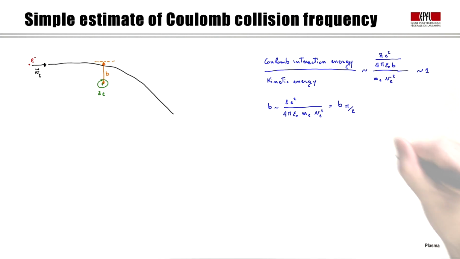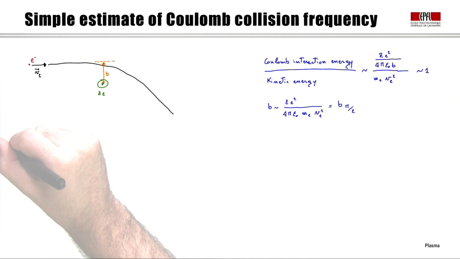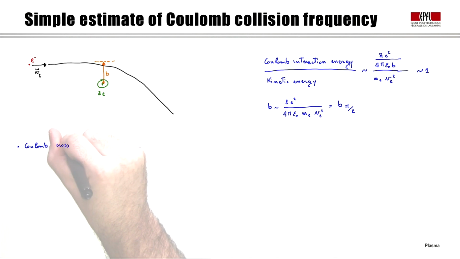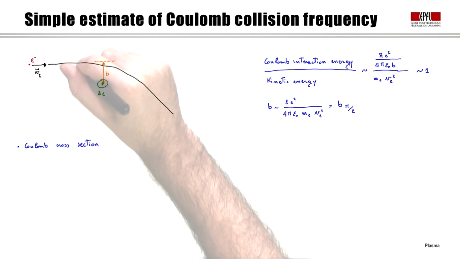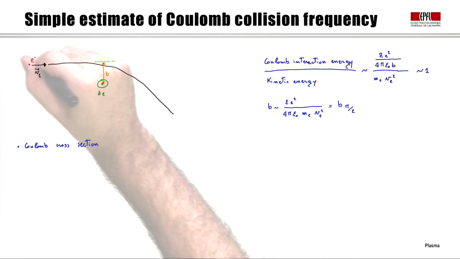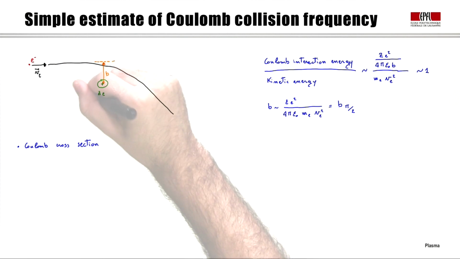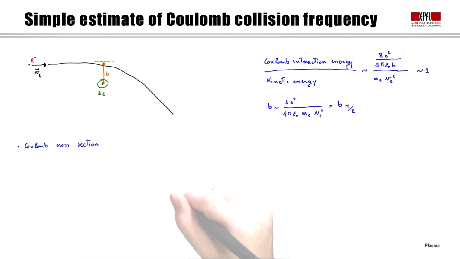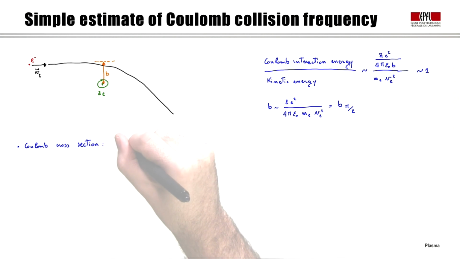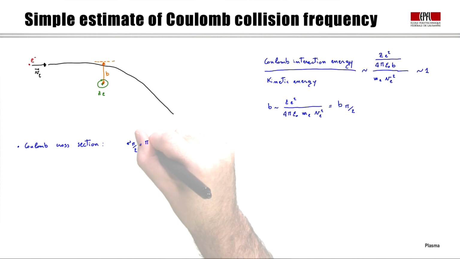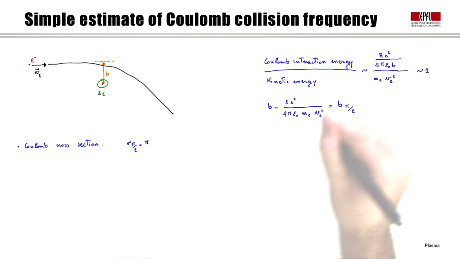At this point, we can evaluate the Coulomb cross-section, which is the area effectively seen by the electron moving towards this ion, and can be estimated as pi b squared, with b equal to b pi over 2.